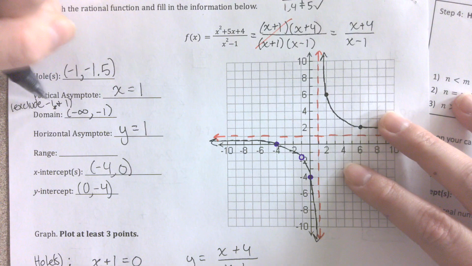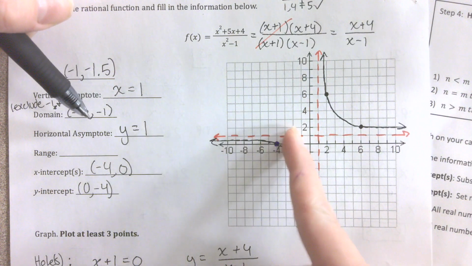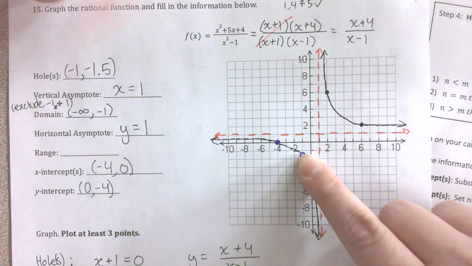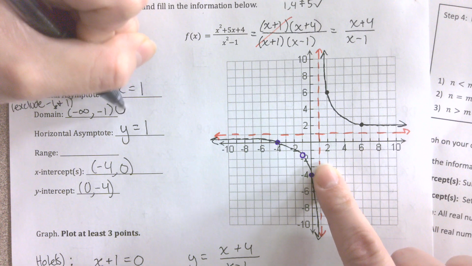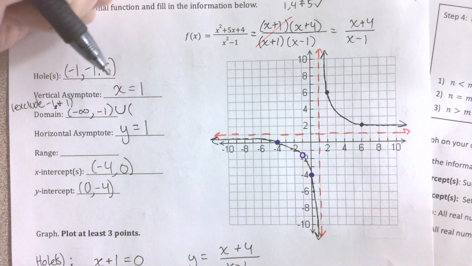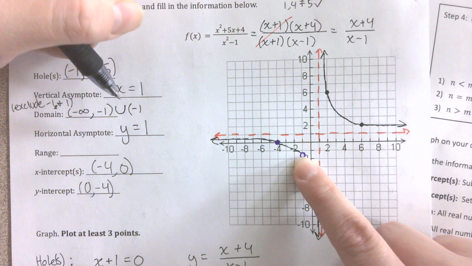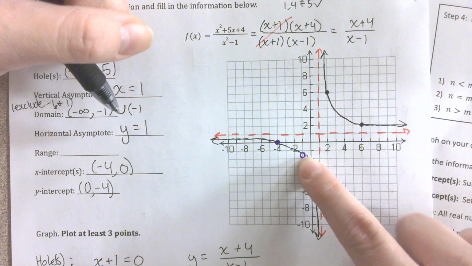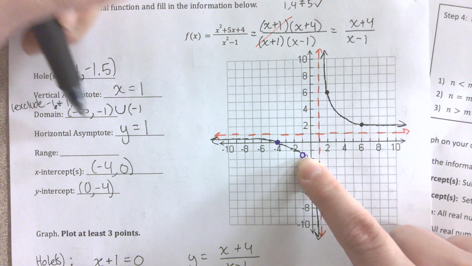We need to exclude -1, so we put a parenthesis, meaning everything up until we hit -1. Then it stops at -1, we're excluding it, and then we have more to go. So this is when we use that union. Now we're going to pick back up at -1, but the parenthesis means it's being left out. The reason we do that is because there's a bunch of decimals close to -1 that can be used, but not -1 itself.